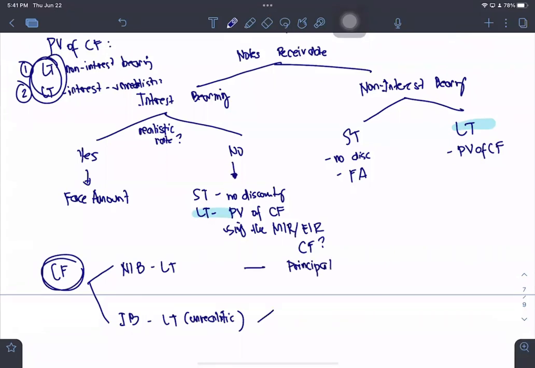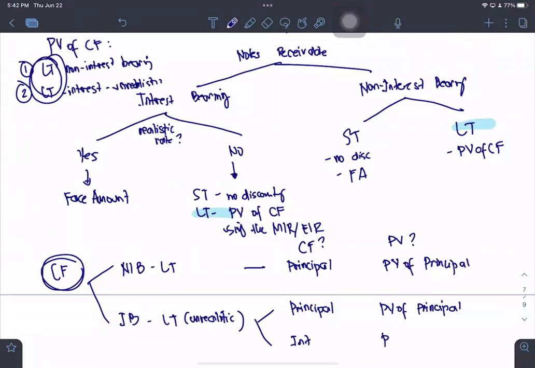While for interest bearing, the cash flow is your principal and interest. Therefore, when we talk about present value, you compute only one present value here, the present value of principal for non-interest bearing long-term, and for interest-bearing long-term, which is unrealistic, you are computing two present values, present value of principal and present value of interest.